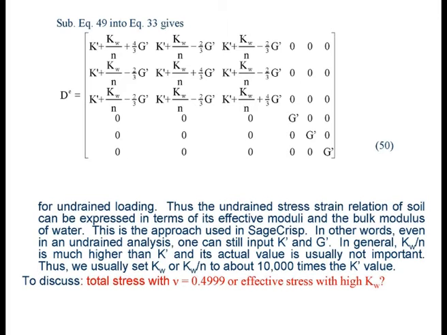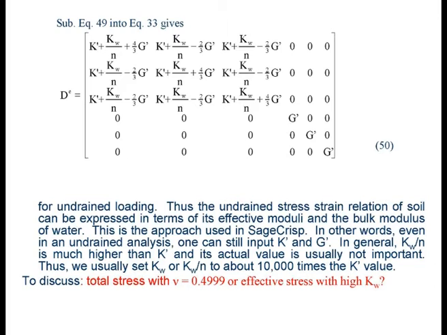This is the typical approach used by most geotechnical programs, including Plaxis, GeoFEA, SageCrisp, whatever. So when you enter effective stress parameters, the program will then add on the bulk modulus of water to it.